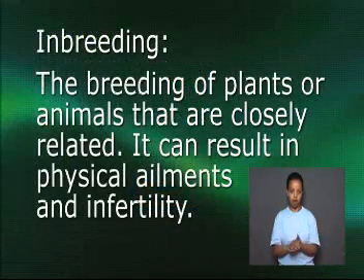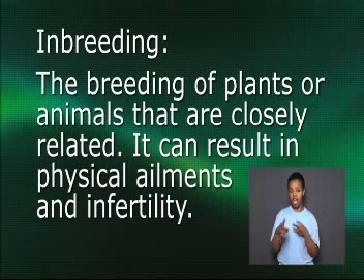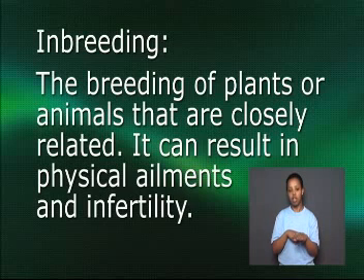When a new variety of species is established, organisms of that type are usually bred only with each other. For example, do you remember our beef farmer who wanted to breed large, docile, fast-growing cattle?